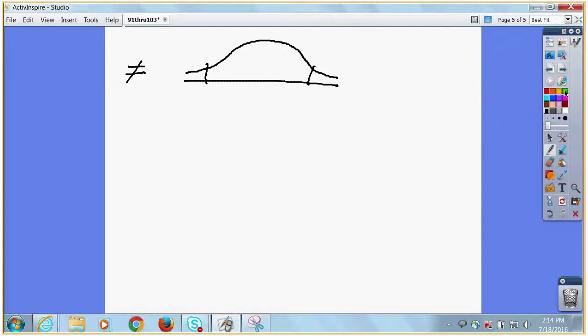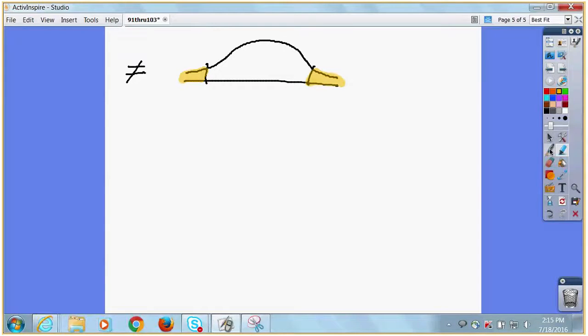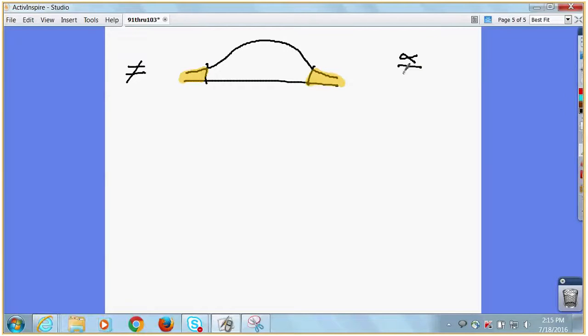And that area is divided by 2 because you got two sides. That side and that side. And what you need to remember about that is alpha is going to be divided by 2.